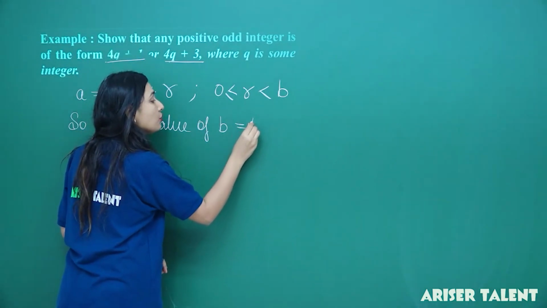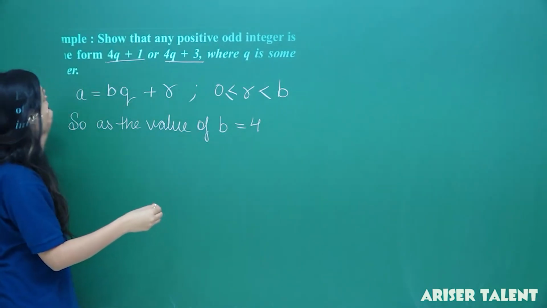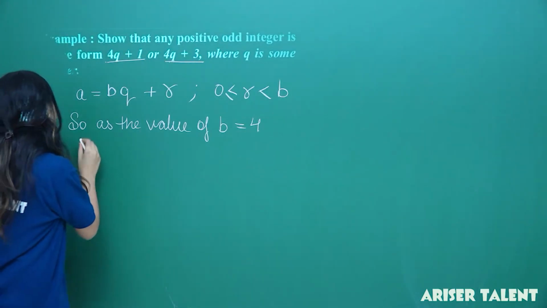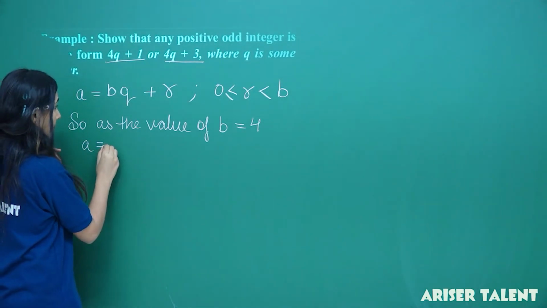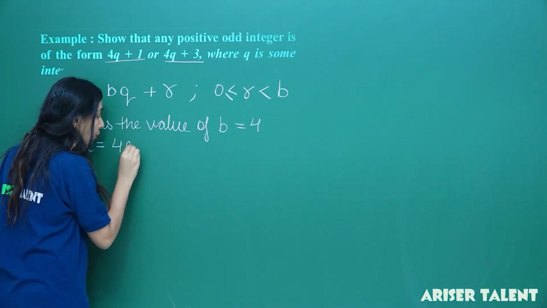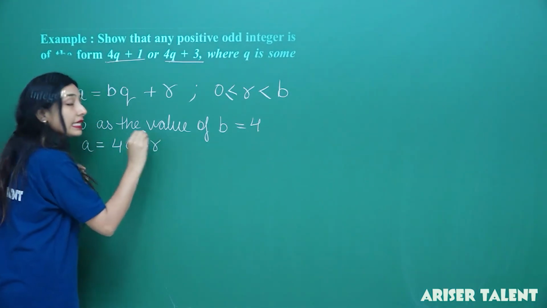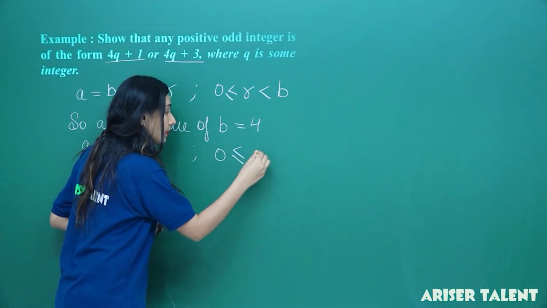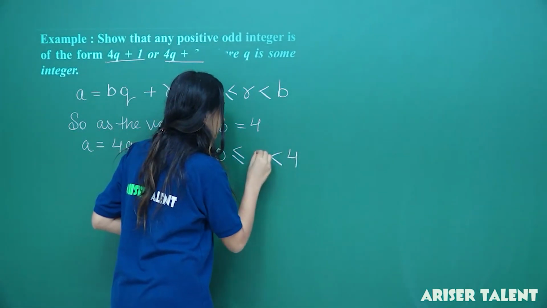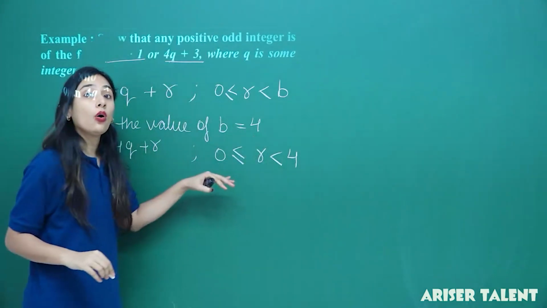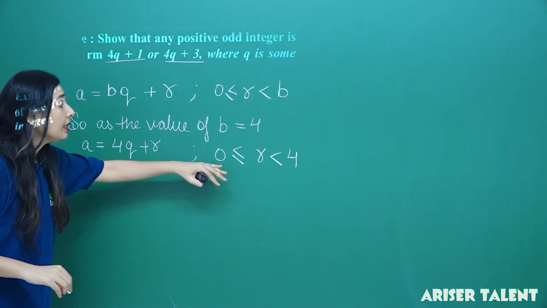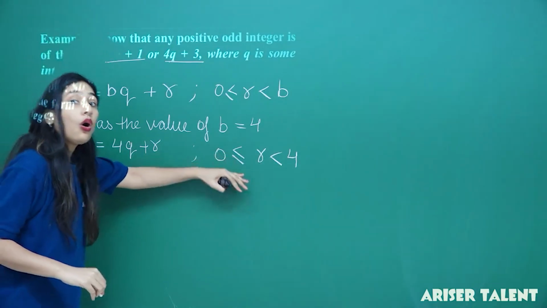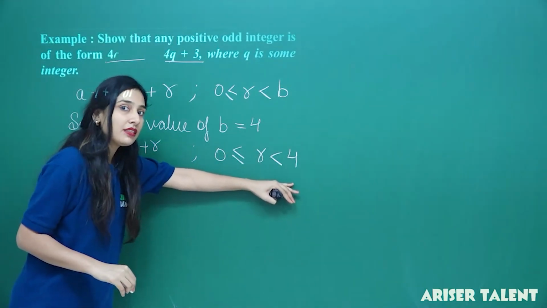So, as the value of b is 4, this equation will become a equals 4q plus r, where the value of r may be 0 or greater than 0 but less than 4.